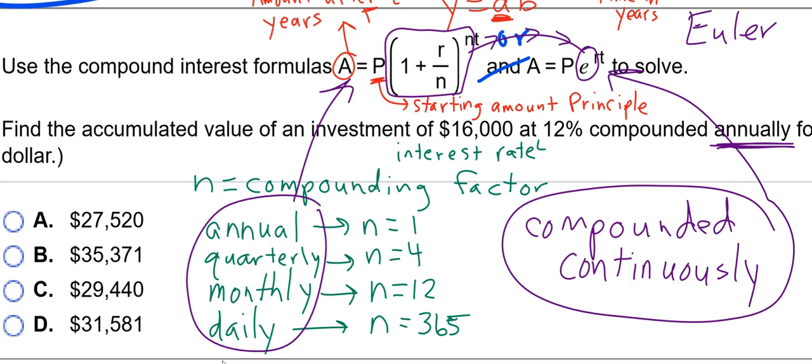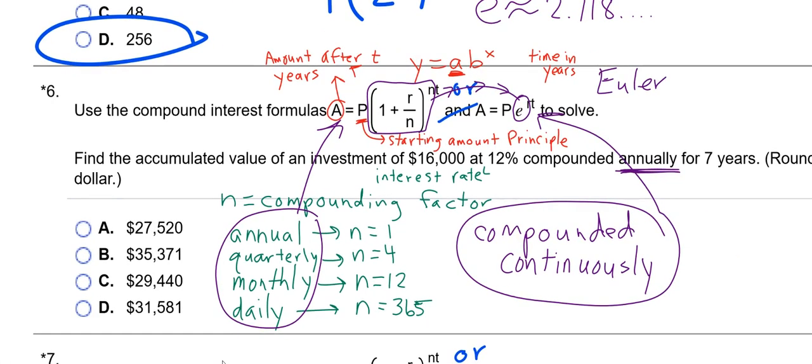Compounded continuously goes with that other formula. So when you look at this particular question, number 6, since we do have a minute or so here to work on at least this one, we can see that they use the term compounded annually.